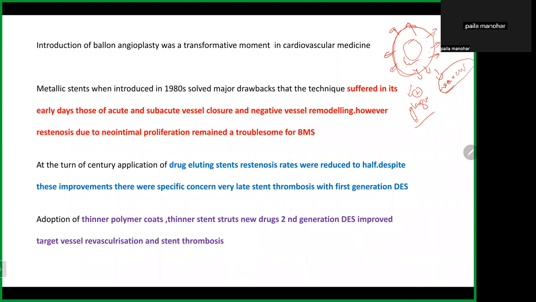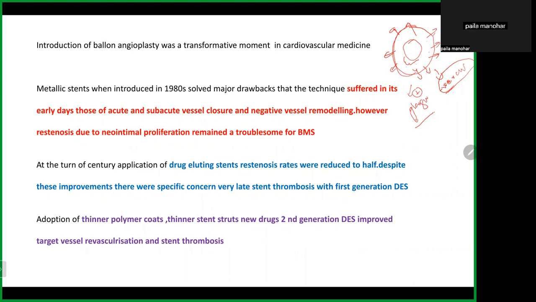So this is the intervention from the generation of stent scaffolds, whatever they have invented. The introduction of balloon angioplasty was a transformation moment in cardiovascular medicine. But balloon angioplasty made things worse by the reflex vasospasm, which is the negative remodeling effect.